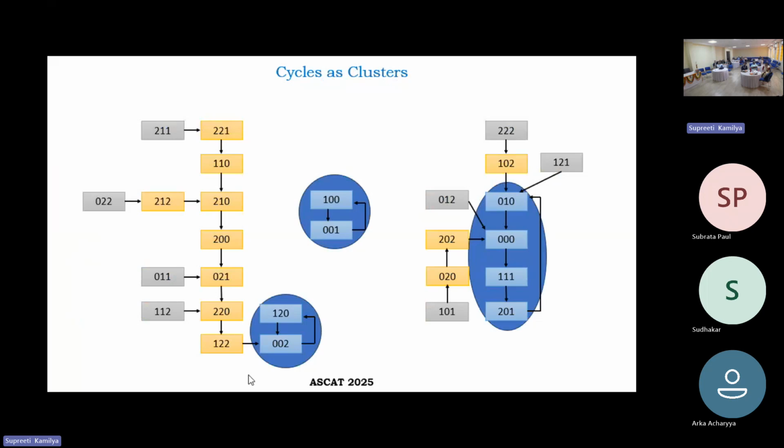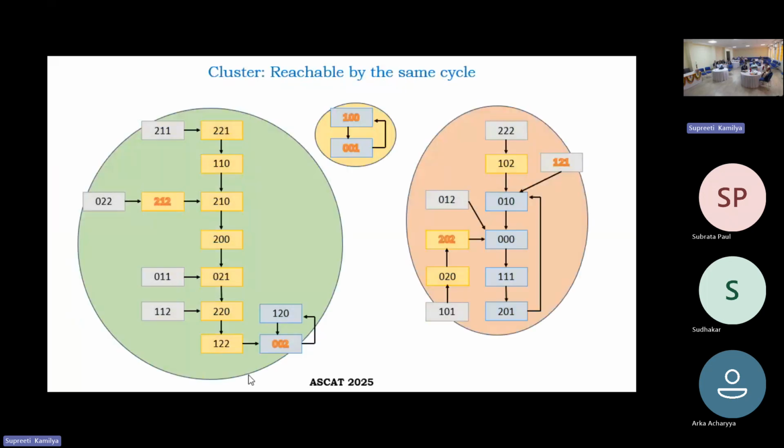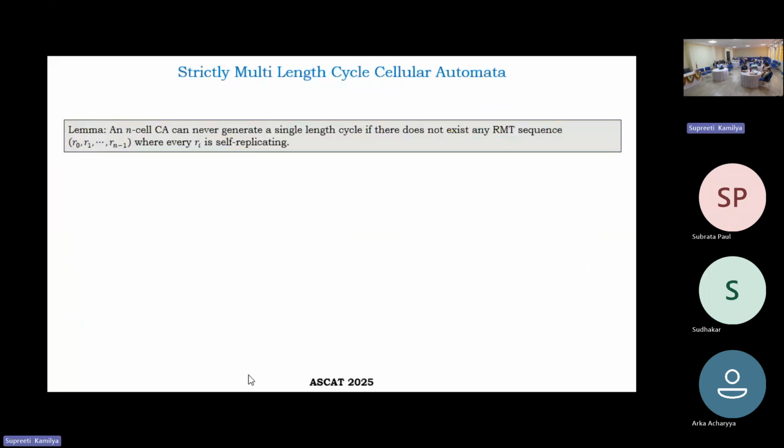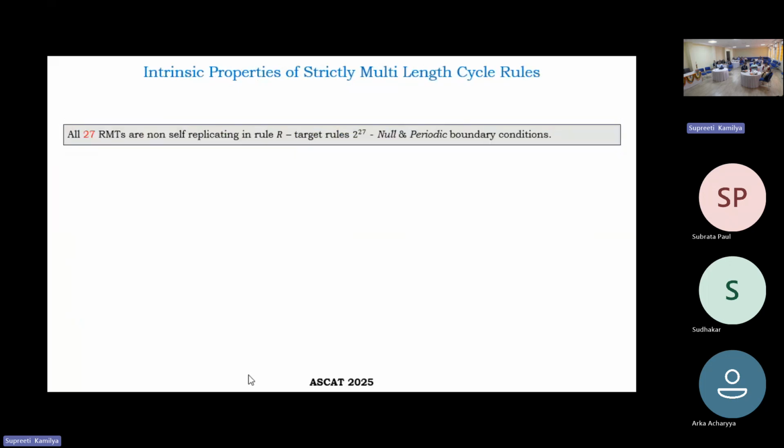Because some of the configurations can be mapped to real-world data. So we are now considering the entire graph for the clusters. The lemma shows that we should not get any RMT sequence where all the RMTs are self-replicating.